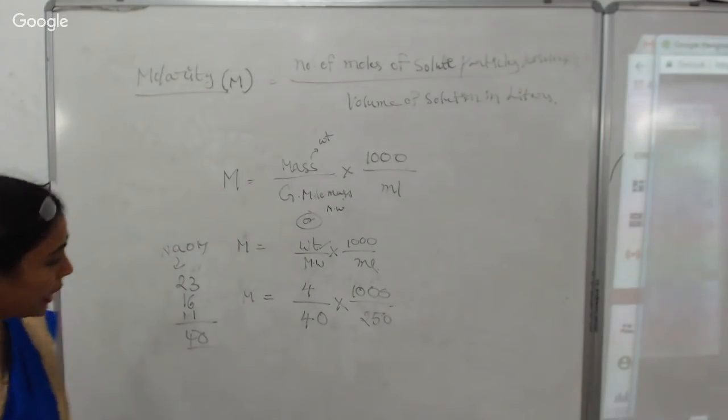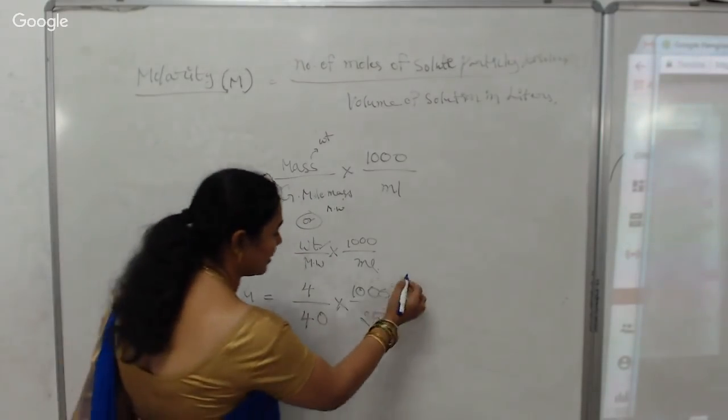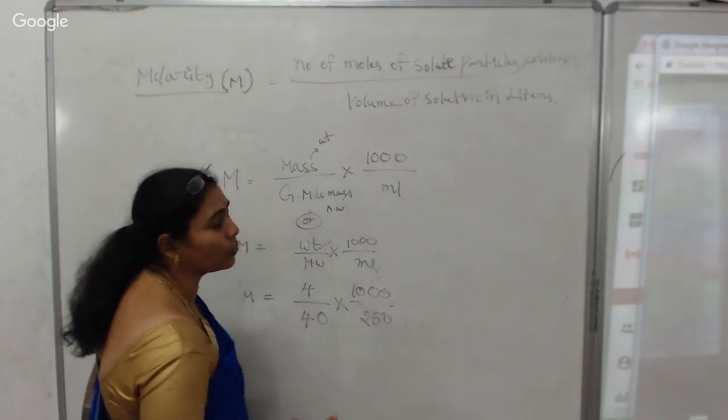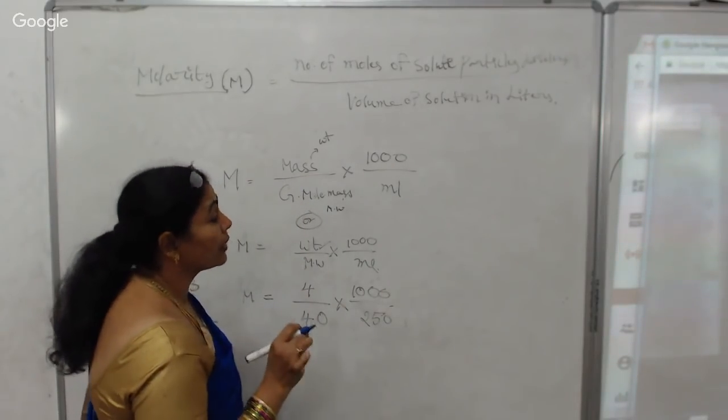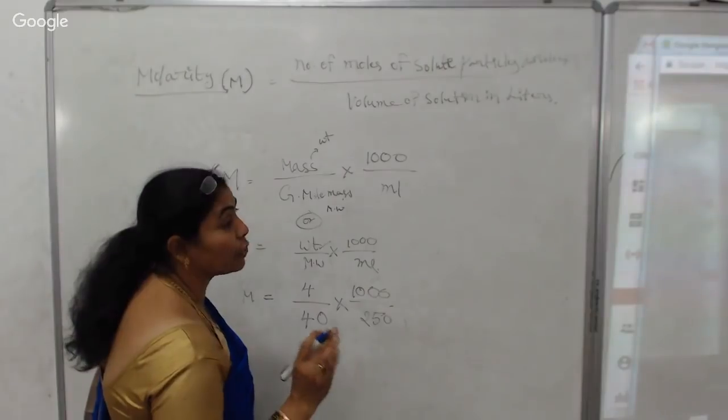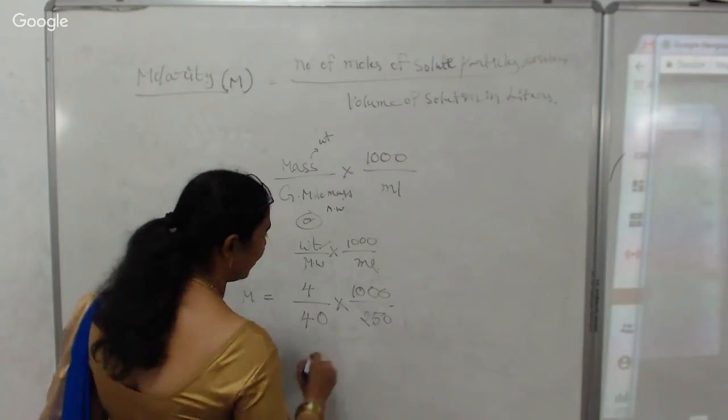Children, if you substitute into the formula like this, it is easy to write, you will get the correct answer and you will minimize errors. Then cancel this.